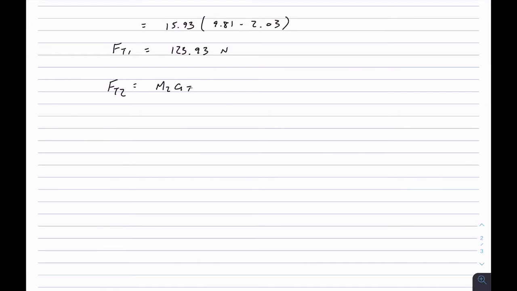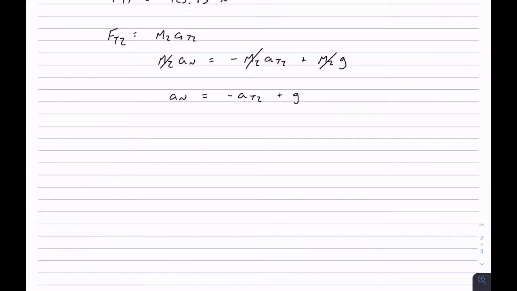m2 aT2, that's the acceleration of the tension force, is going to equal the overall acceleration on m2, negative m2 times aT2 plus m2 times g. Well, the m2's cancel. We're left with a net acceleration equal to negative aT2 plus g.